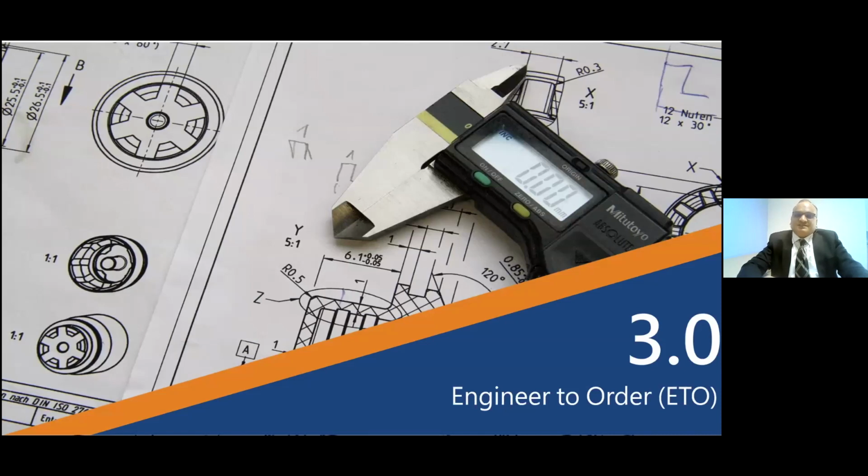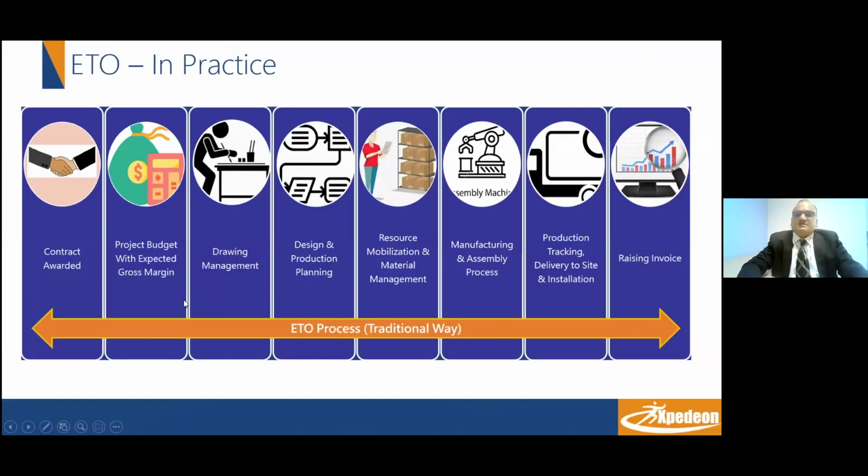Today, in this session, we are going to explore the ETO, or engineer to order, process, and we'll have a look at how this is handled in Expedient. First, we will have a brief overview of the ETO process and correlate it with the business requirements to run the same.